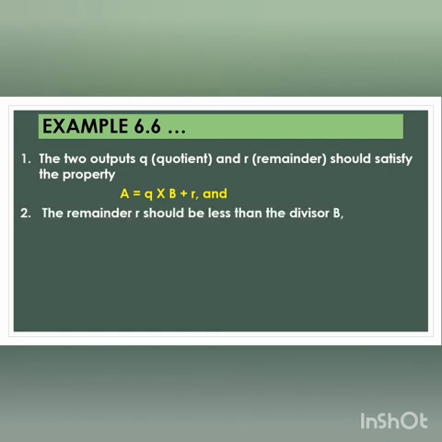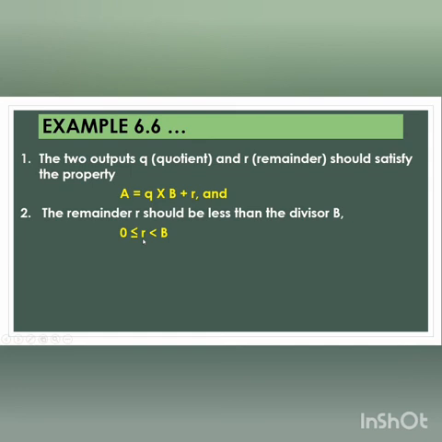And the next statement, the remainder R should be less than the divisor B. We all know that the remainder should always be less than the divisor B. So, the property is 0 is less than or equal to R, then less than B. The remainder R should be greater than or equal to 0 and less than the divisor.